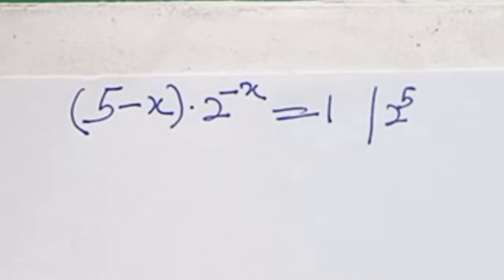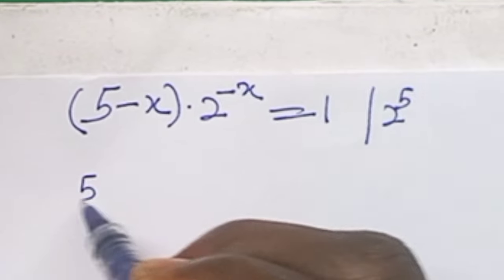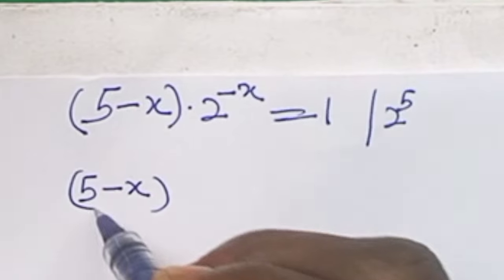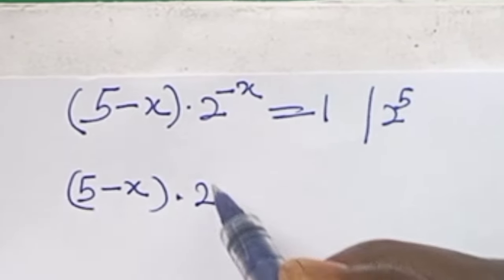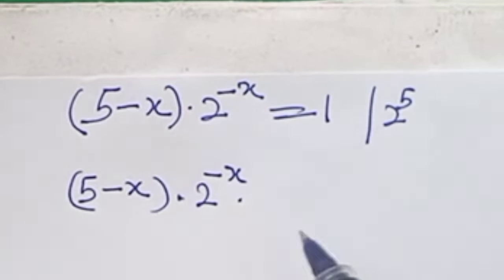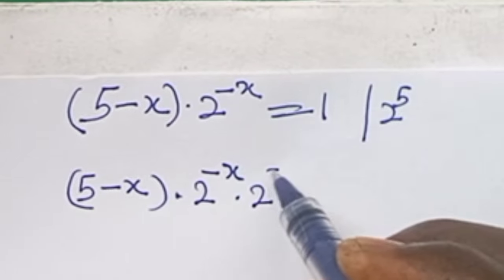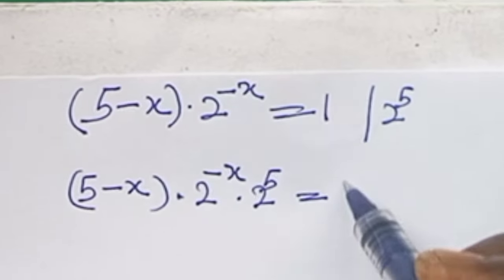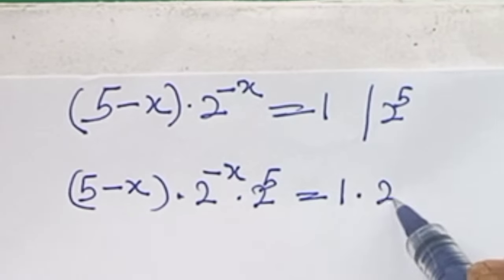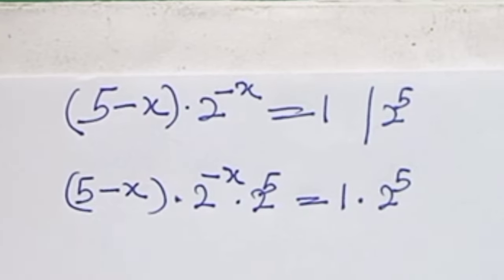So the next line becomes 5 minus x times 2 to the power of minus x times 2 to the power of 5 is equals to 1 times 2 to the power of 5.